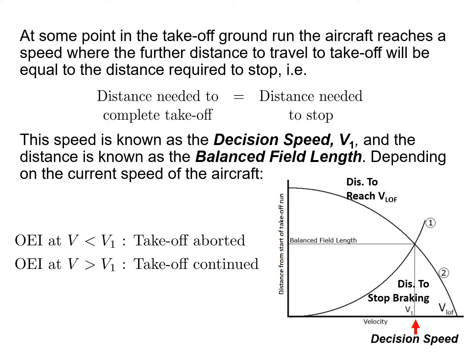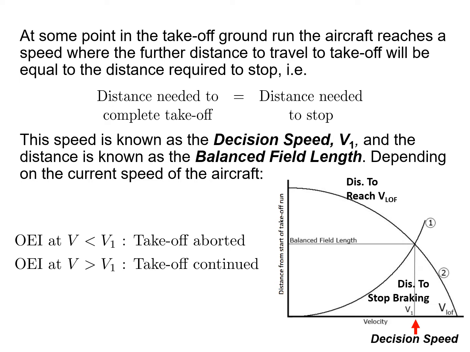If the aircraft has a speed less than V1, the distance to reach a liftoff speed is larger than the distance to bring the aircraft to fully stop. If the aircraft has a velocity larger than V1, it takes a longer distance to brake the aircraft.